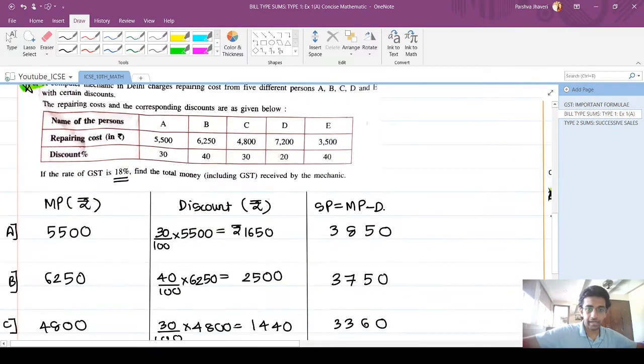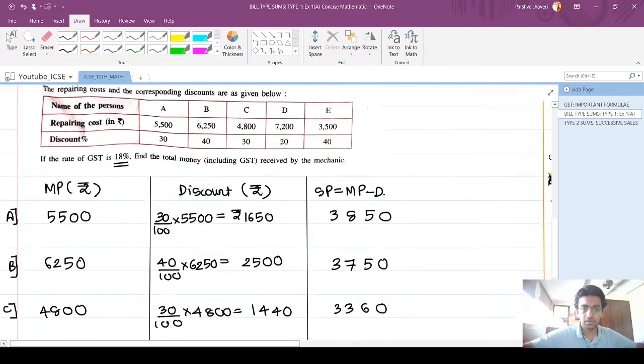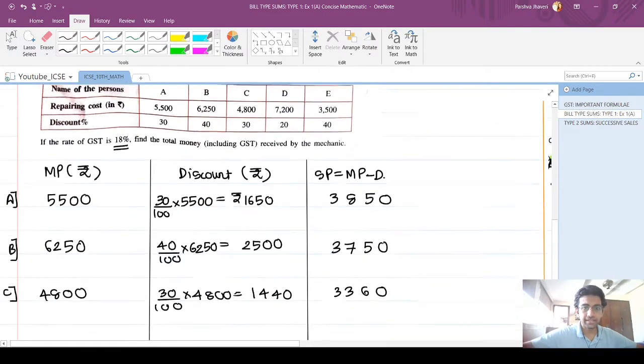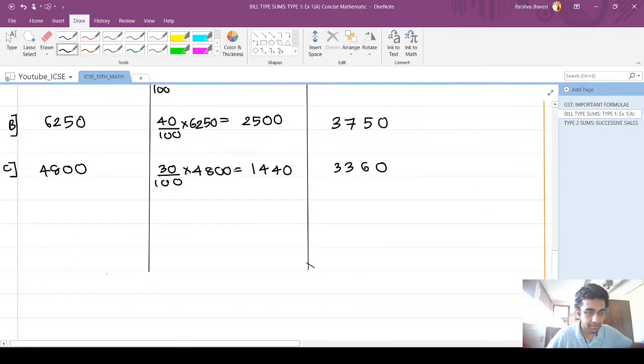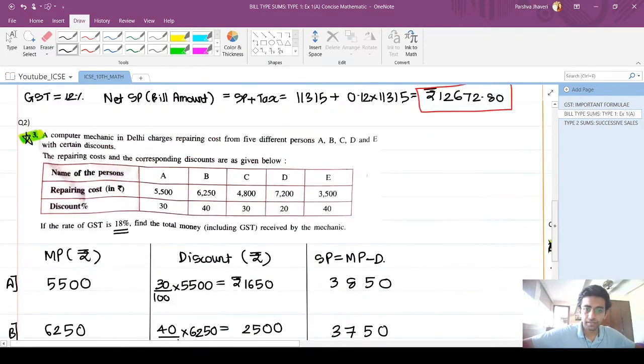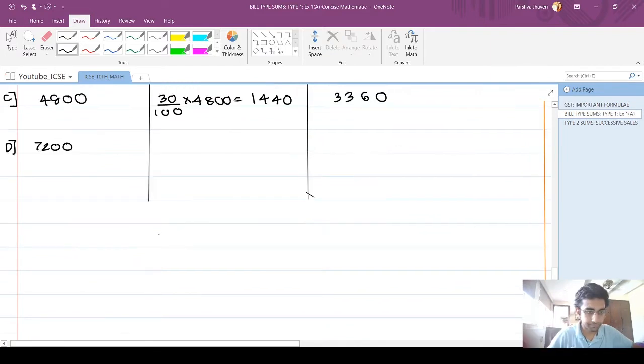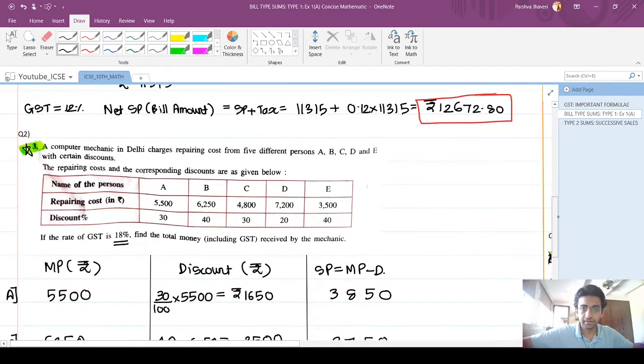Now, our last guy, his cost was, okay, D is 7,200. I'll just write down over here. D is 7,200. And what's the next guy? E is 3,500. E gets 20%, I think.